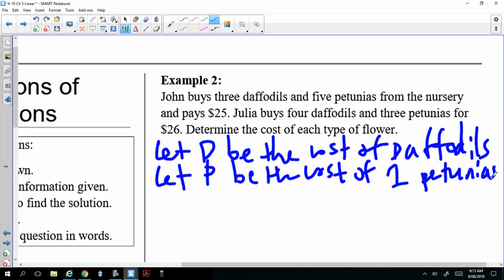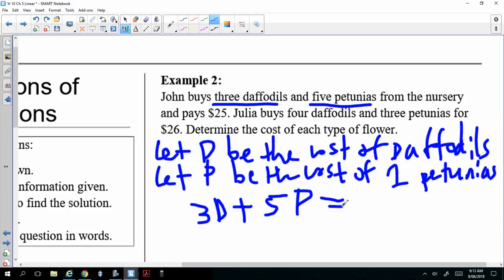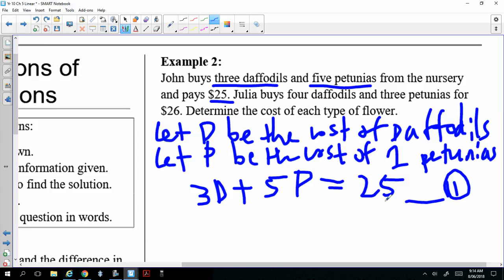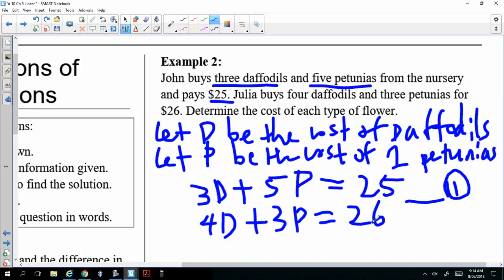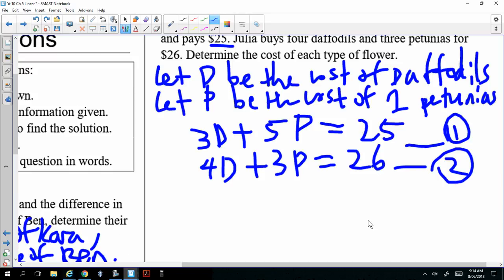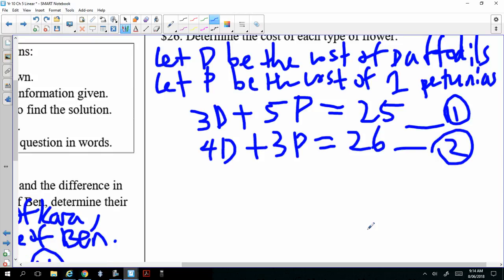The first equation: 3 daffodils plus 5 petunias equals $25. Equation 1. And the second equation is 4 daffodils plus 3 petunias is $26. And you solve simultaneously. But this time you have to modify the equation. So you have to change.